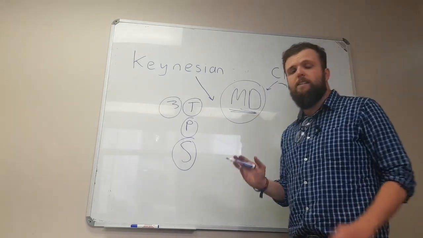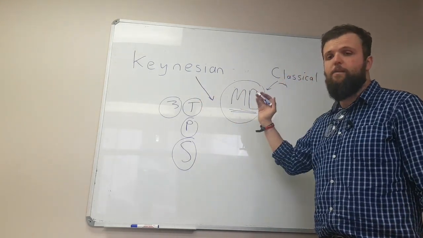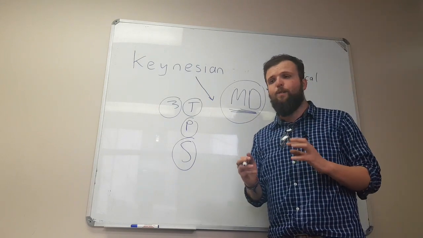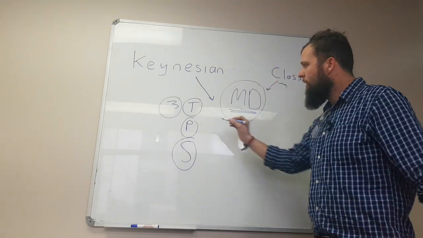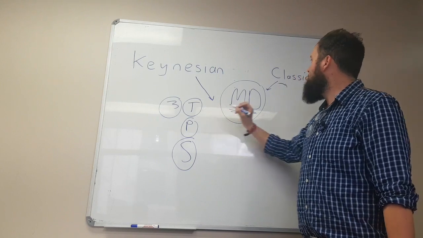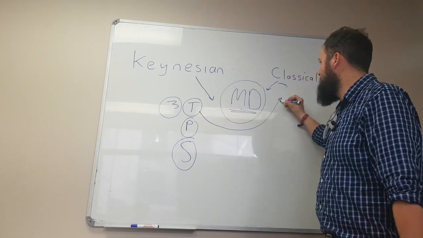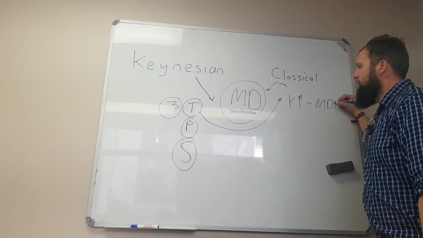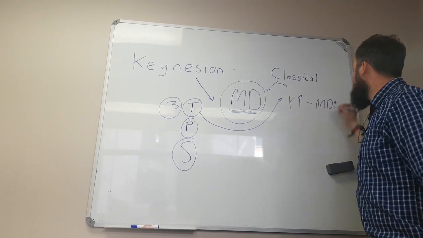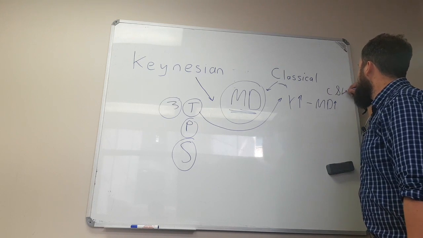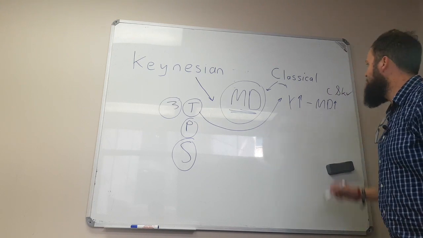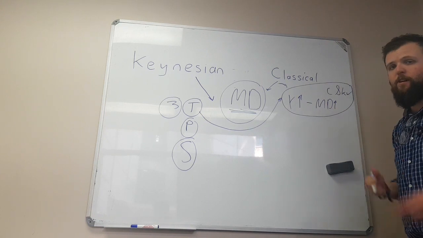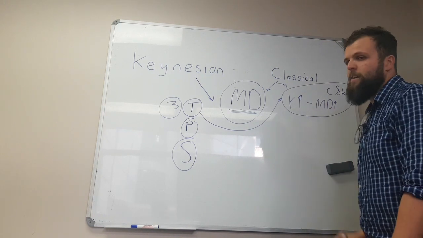Now, what do the classicals and the Keynesians think about these 3 reasons, and how does this relate to money demand? This is very important for you to understand. Transactionary purposes: the classicals view them as follows. If your output goes up, then you would demand more money. And even the classicals and the Keynesians agreed on this. Both agreed that if your output goes up or your income goes up, you earn more money, your money demand goes up.